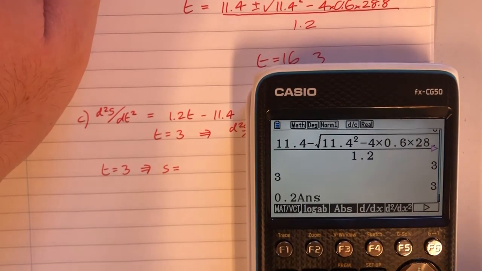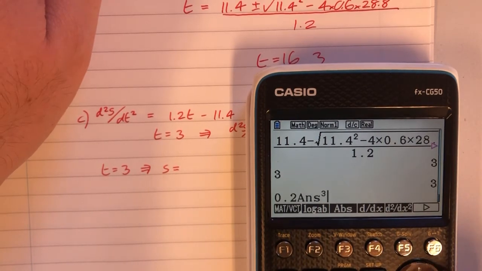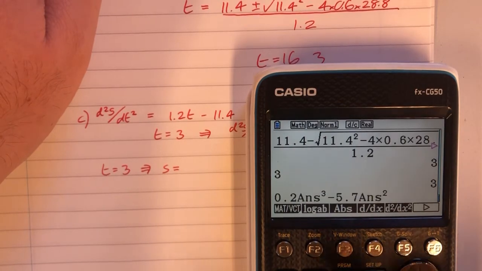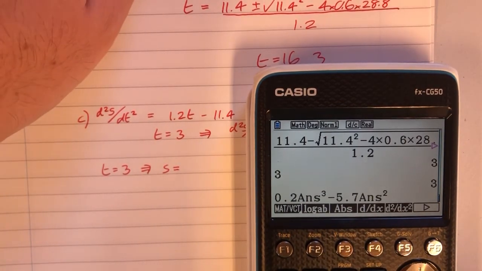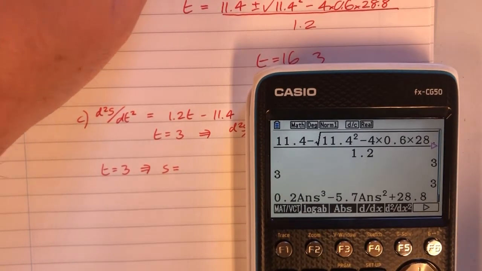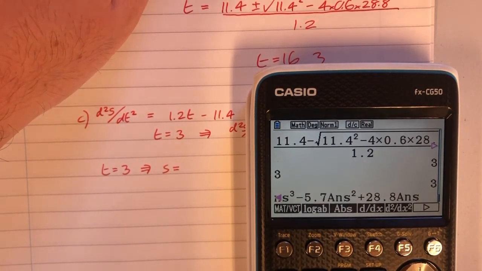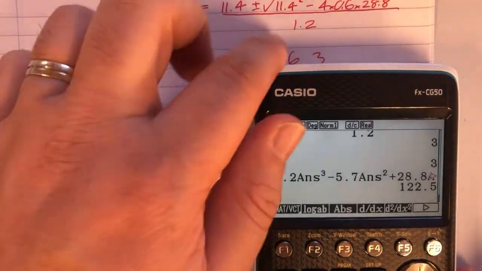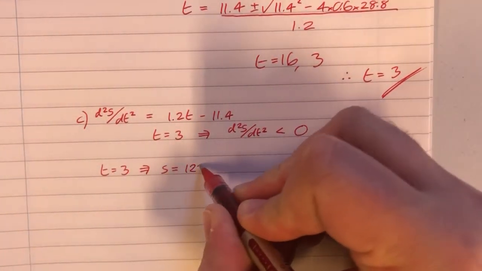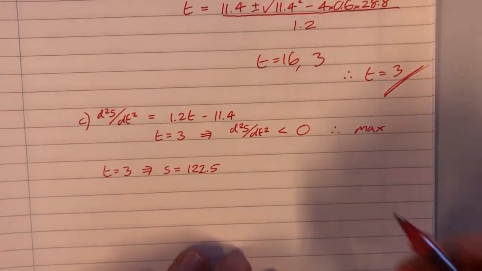That's going to be 0.2 times 3 cubed minus 5.7 times 3 squared plus 82. Just make sure you're not plugging it into the derivative. You're actually plugging it into s, not s prime. Easy mistake to make. That gives me 122.5. So that gives me the coordinate of my maximum point.